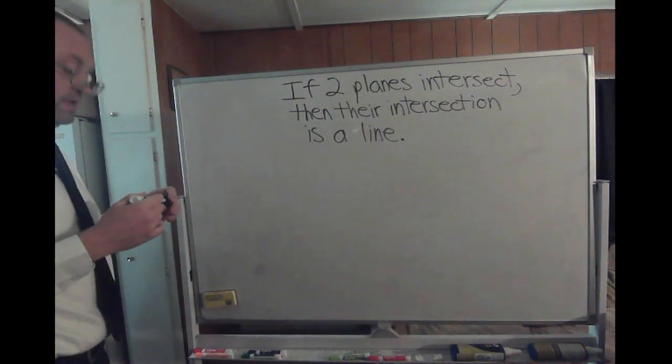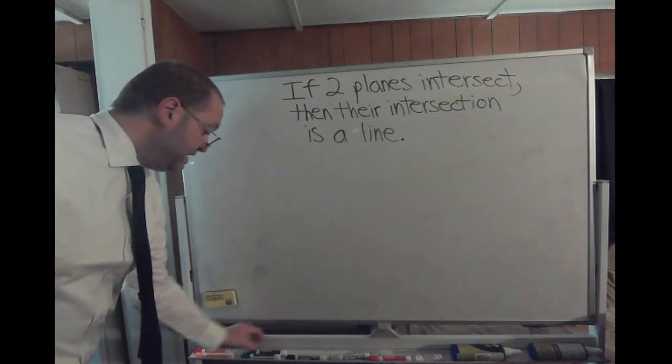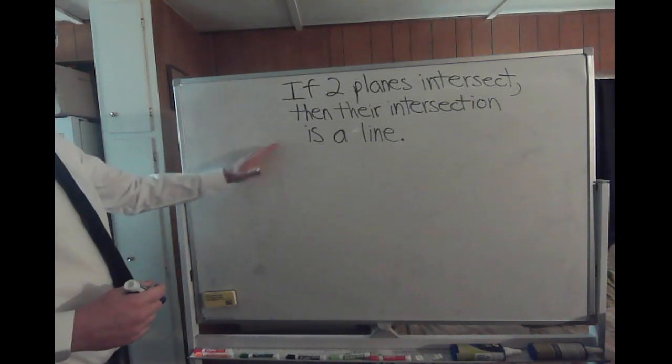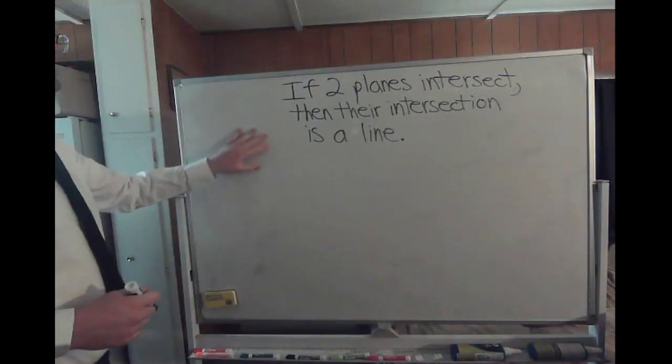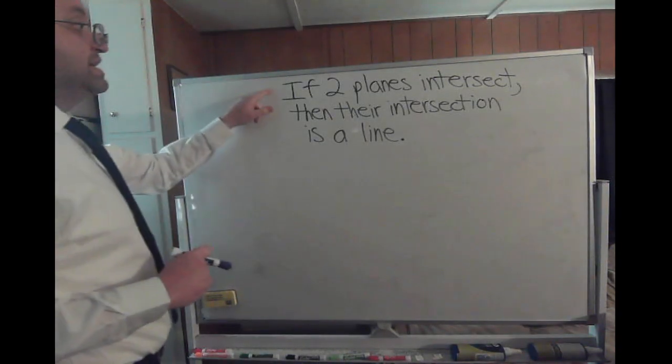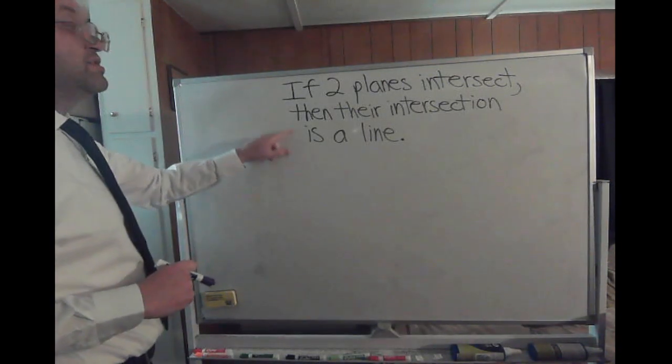Alright, so we've kind of already demonstrated this with the diagrams we've done in previous lessons, but this postulate states if 2 planes intersect, then their intersection is a line.